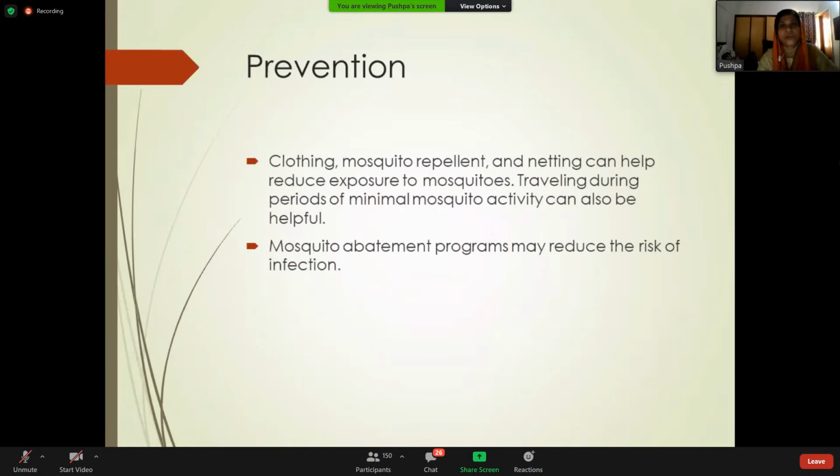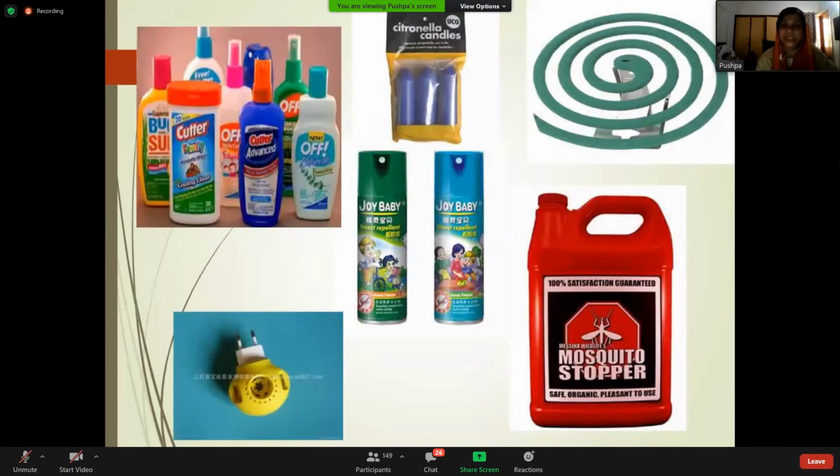Netting can also help to avoid mosquito bites, as can minimizing travel to areas where there is a dengue epidemic. Mosquito abatement programs can be done to decrease the mosquito population.